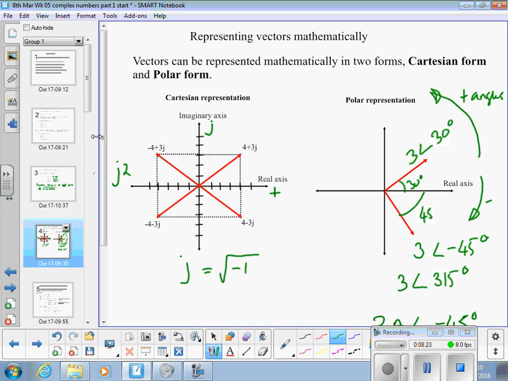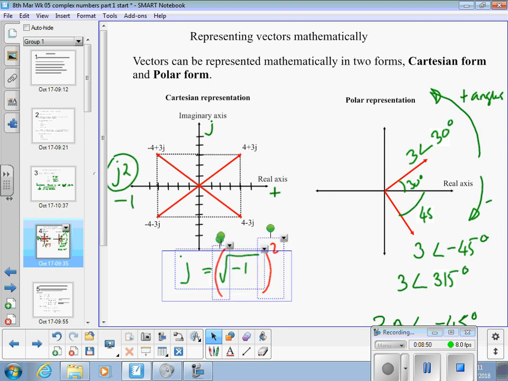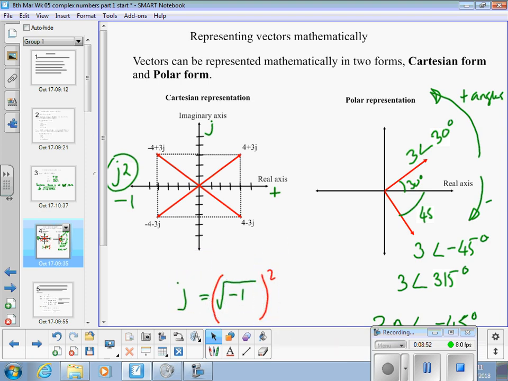Remembering j is equal to the square root of minus 1, what happens if I square that number? It becomes minus 1. So this axis over here is actually minus 1. I put the j squared in a circle.